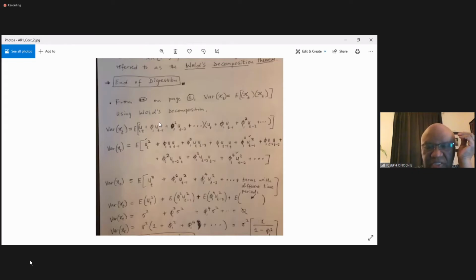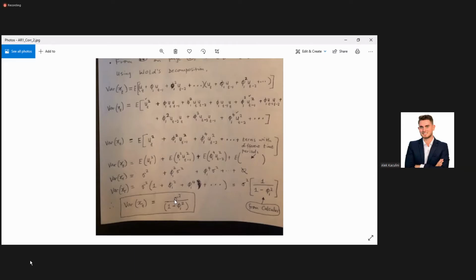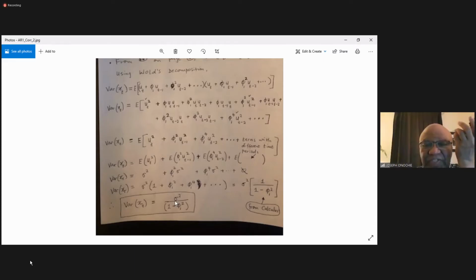So this is what we discussed last Thursday. The variance of the AR1 process, x sub t, is sigma squared. What is this sigma squared? It is the variance of the white noise error term. Exactly, thank you.